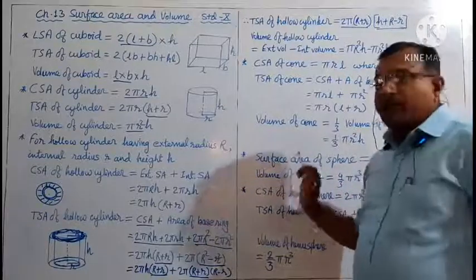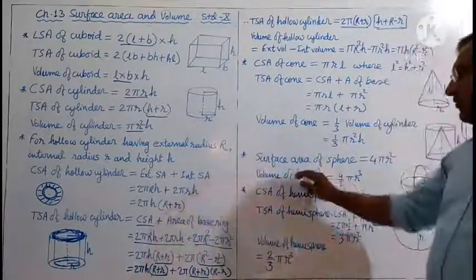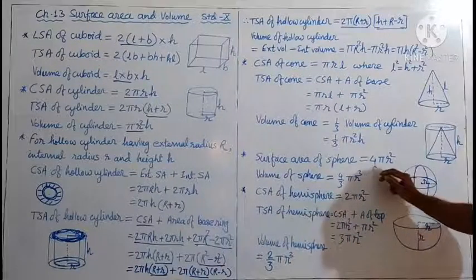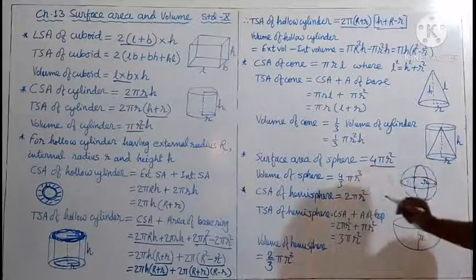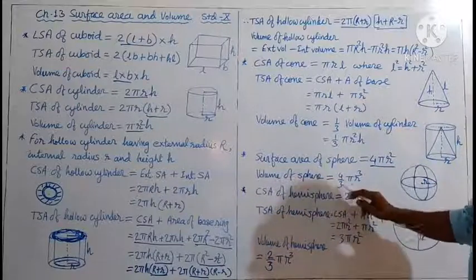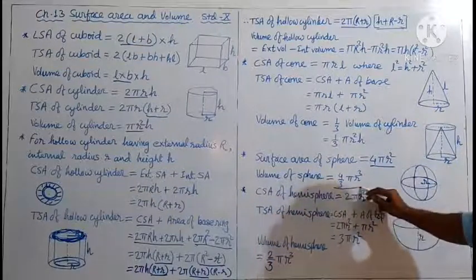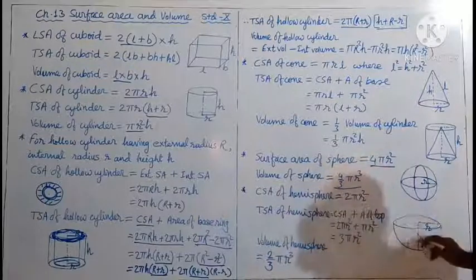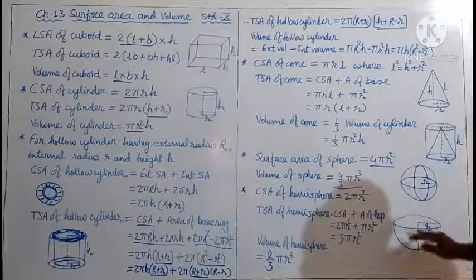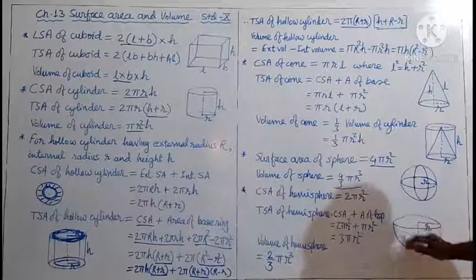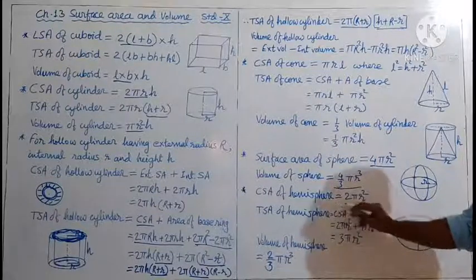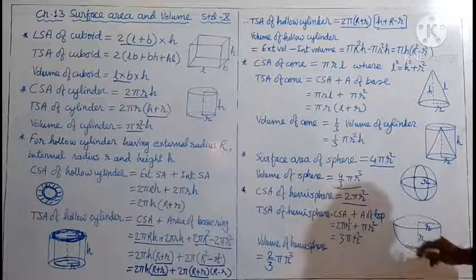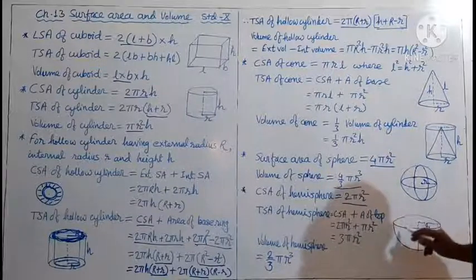Now comes the sphere and hemisphere. So the surface area of the sphere, you can see the sphere. The surface area of the sphere is 4 pi r square, and the volume of the sphere is 4/3 pi r cube. Now the curved surface area of the hemisphere, if a hemisphere is there, then the curved surface except the area of the top. So this is the curved surface, that is 2 pi r square, and the total surface area of the hemisphere means curved surface plus area of the top, the circular top.